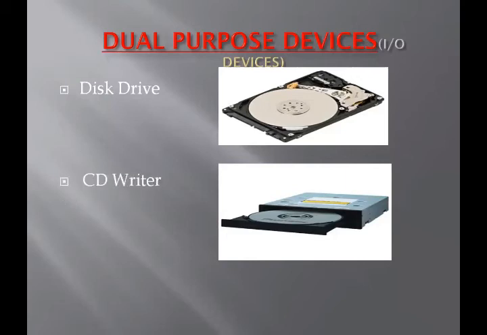Second one is the CD writer. A CD writer is a device connected to your computer which can write on CD-RW and CD-R disks. CD-RW disks may be written, erased, and rewritten, while CD-R disks may be written only once. Performance is measured in X units, where 1x equals 150 kilobytes per second.